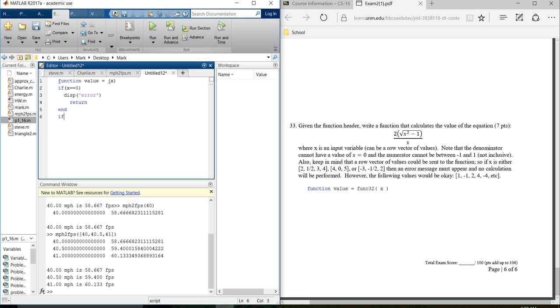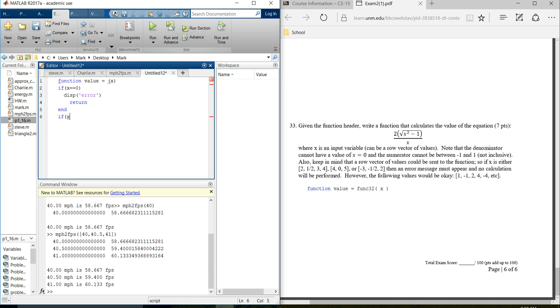And if x is, note the denominator cannot have an x value of 0, the numerator cannot be between -1 and 1, because then it would be imaginary.